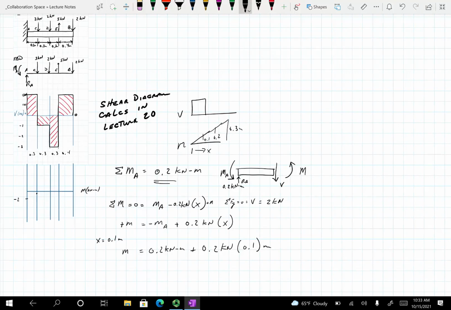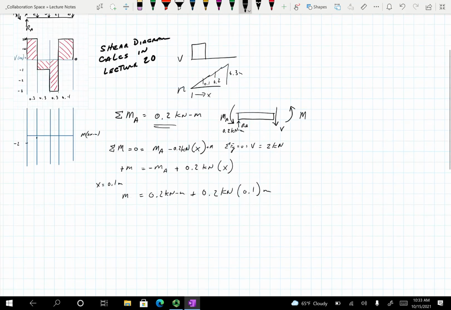Did I do these shears wrong up here? 2 kilonewtons. That's the reaction, right? No, so this shear is 2. Yes. And this needs to be this. Give me a second here.